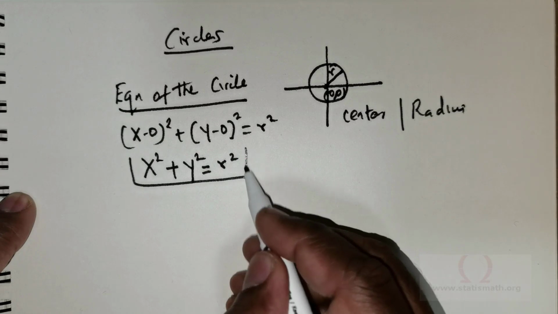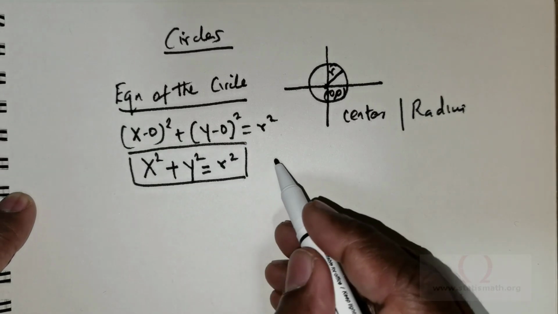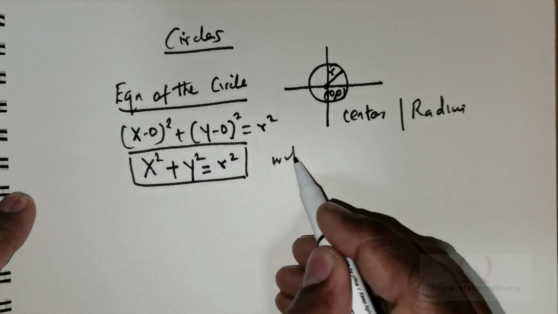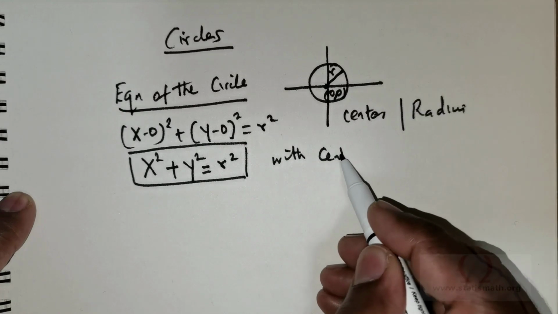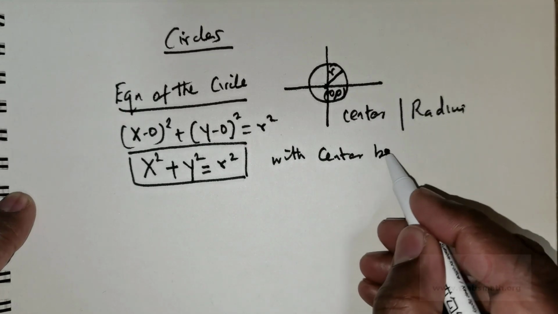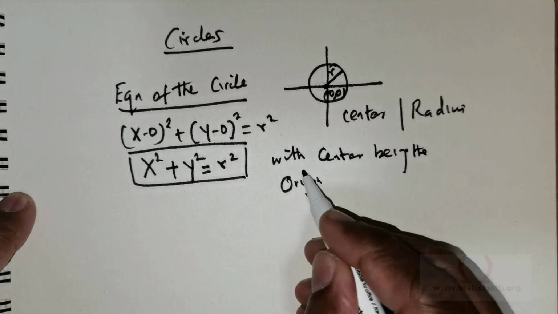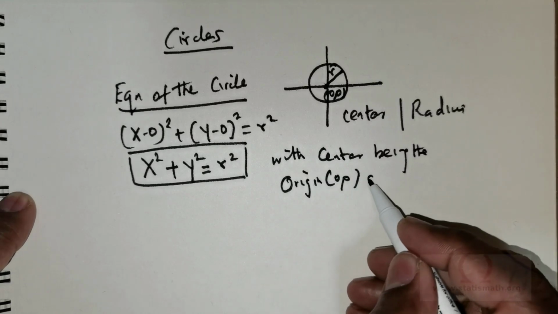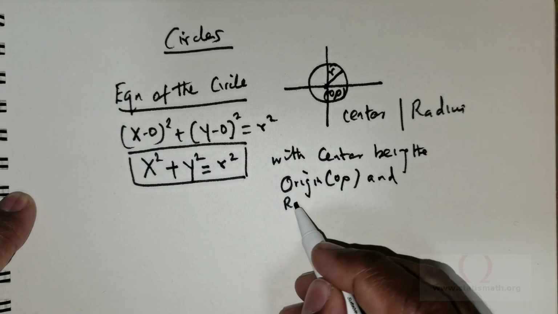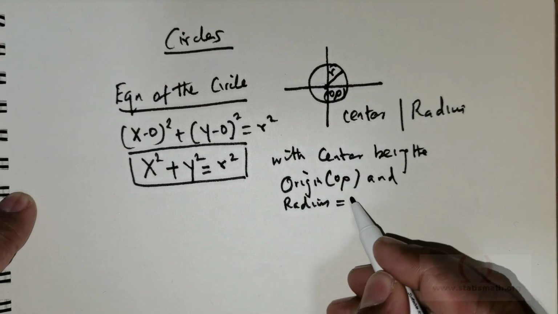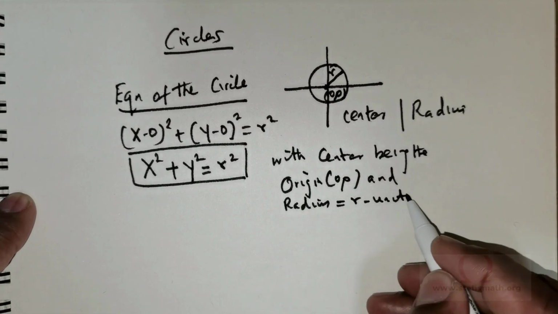So this is the equation of the circle with center being the origin (0, 0), and its radius is r units.